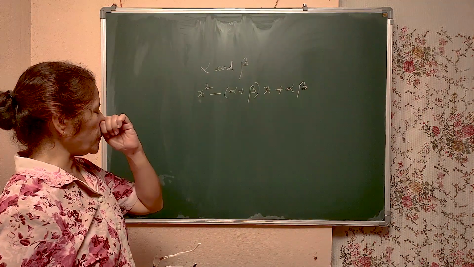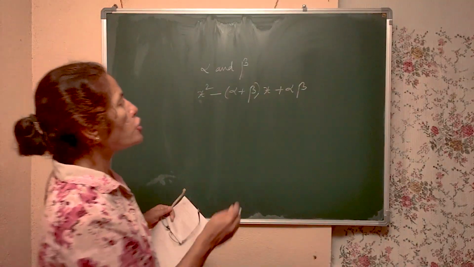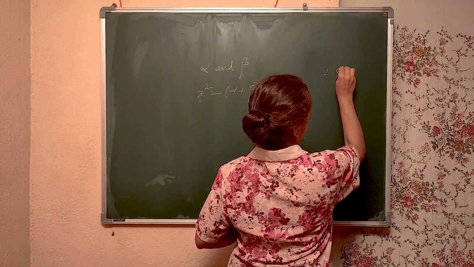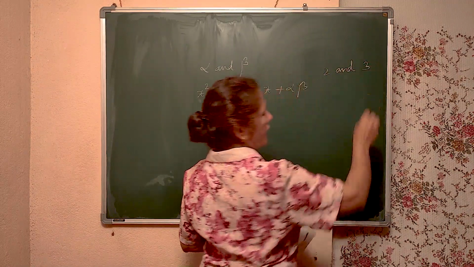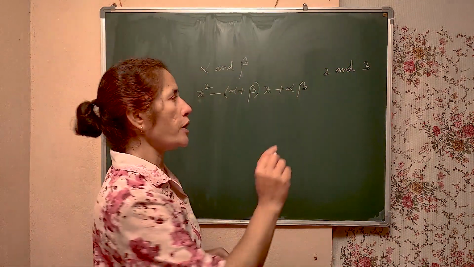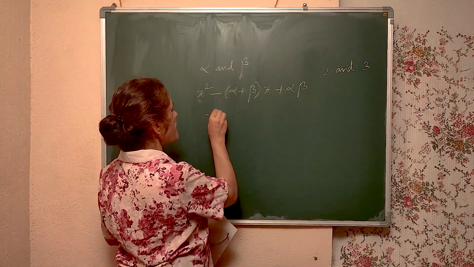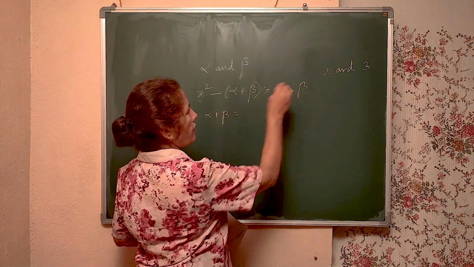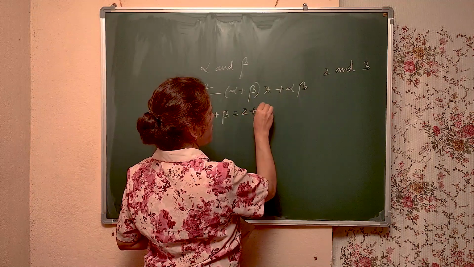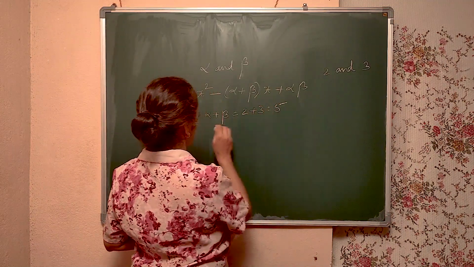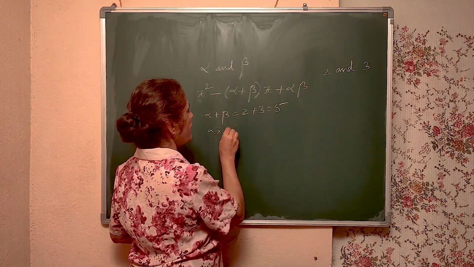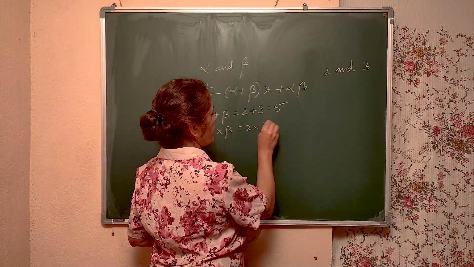Suppose I give you, let the two roots be 2 and 3. Form a quadratic polynomial. What do you have to do? Alpha plus beta is equal to, one root is 2, another root is 3, so 5. And alpha into beta is 2 into 3, which is 6.